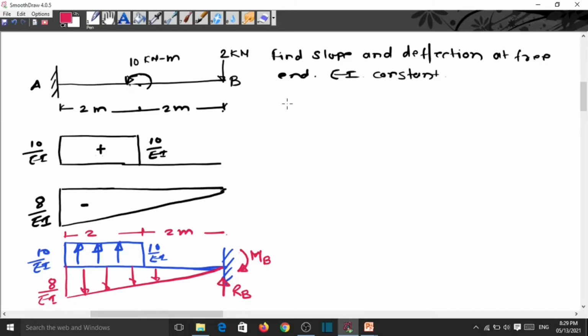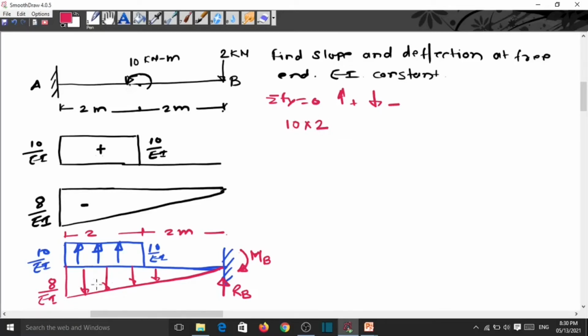So now the reaction is the total load on the beam, RB. Here we are considering the condition sigma Fy is equal to 0. Vertically upward is plus and vertically downward is minus. This load is vertically upward, so that is 10 into 2, 20, upward.